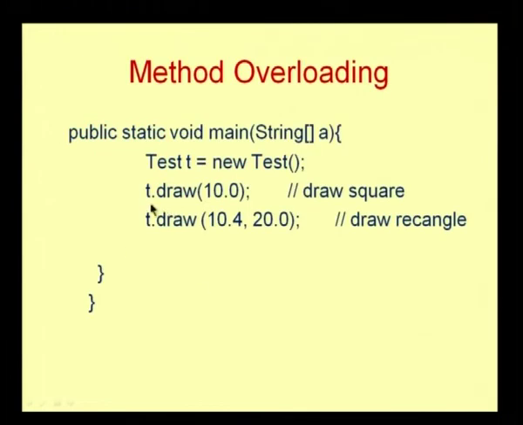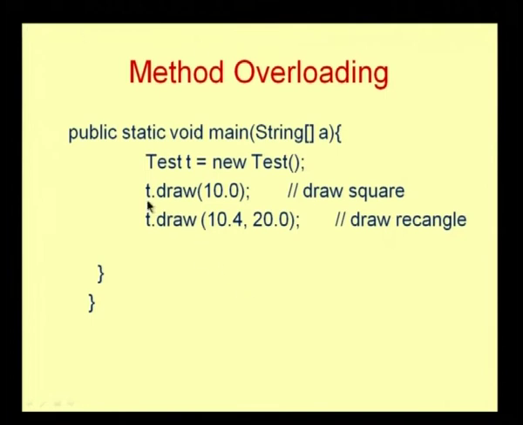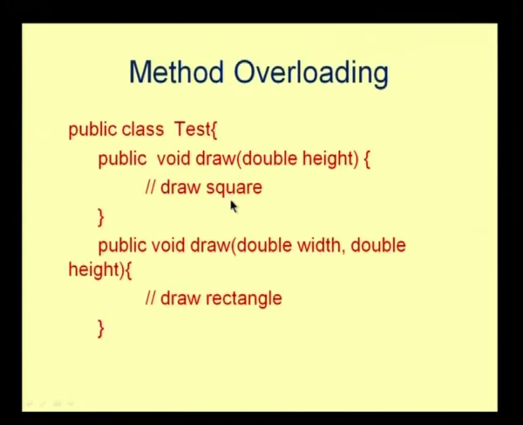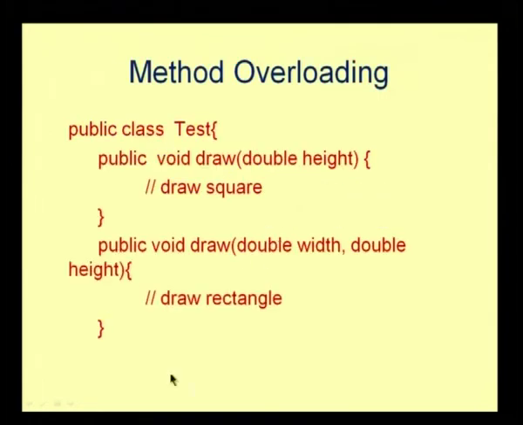So whenever I call this from my main, I have created an instance of this test class and then I am trying to call the draw method. So here whenever I call draw, I have given only one single variable, so it means that this method will be called. Here I have given 2 variables, so the second method will be called. So it means that this method draw is overloaded. So it has 2 different implementations.